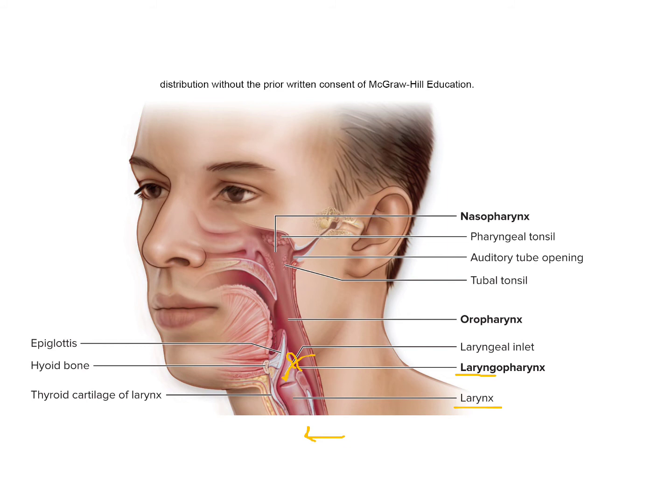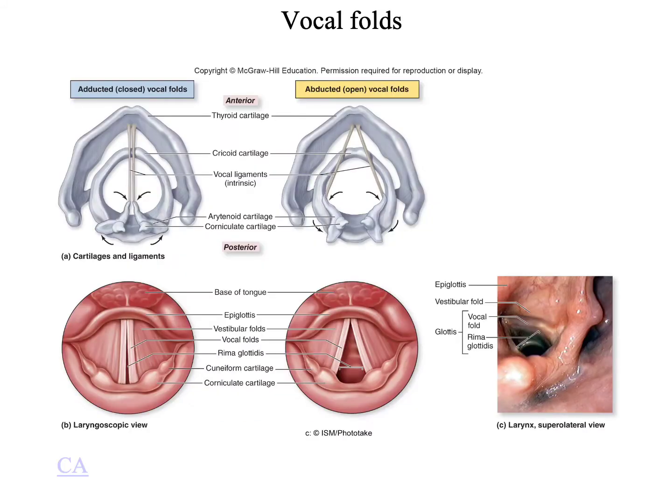This also, importantly, produces sound, or what we call phonation, for speech. And it is our vocal folds that give rise to sound production, or as we just said, phonation.